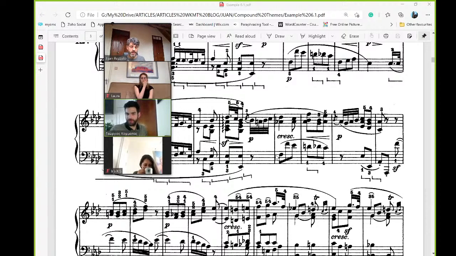And then we have... I mean, it's a non-harmonic element, but it can recall, taking into account that he did it before.